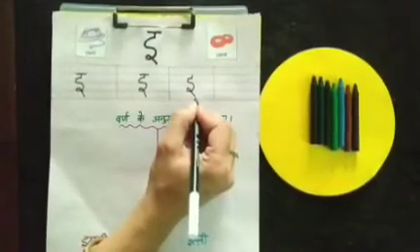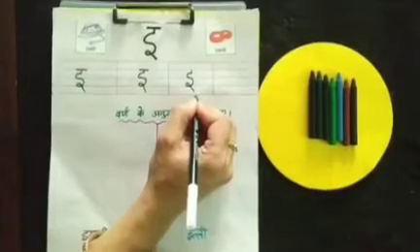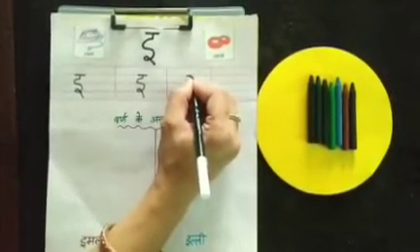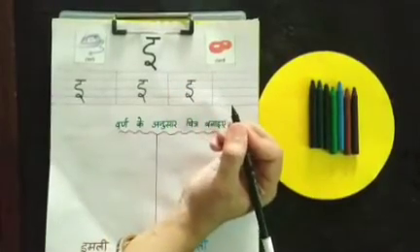Here the slanting line should not touch the red line, and sleeping line on the top, that is Shiro Rekha.